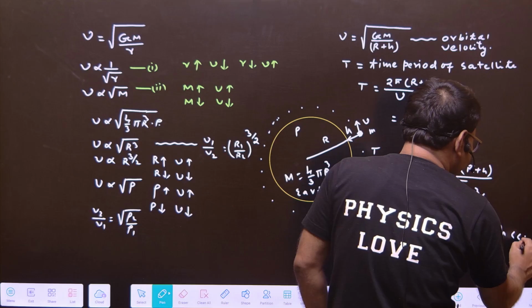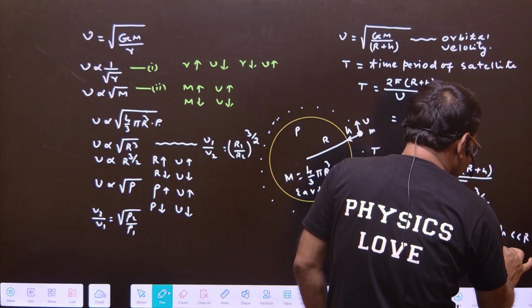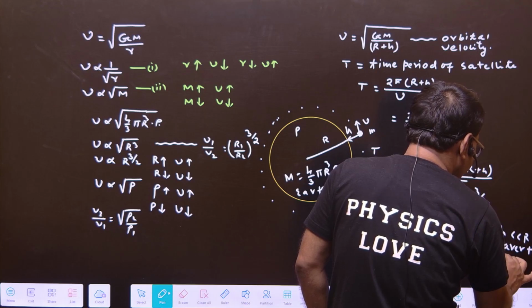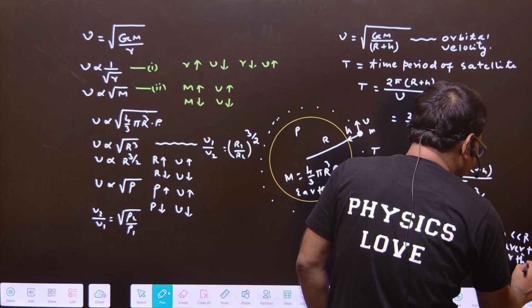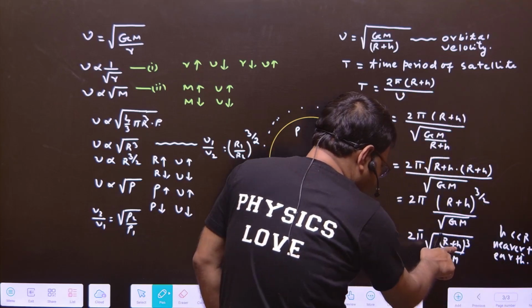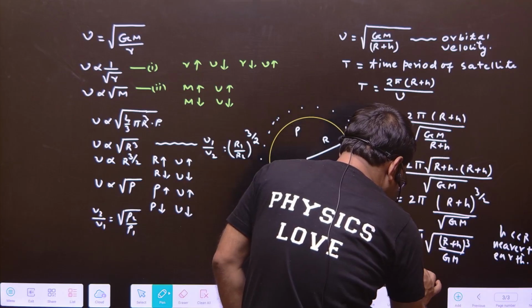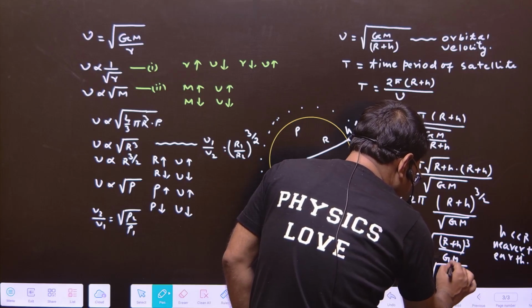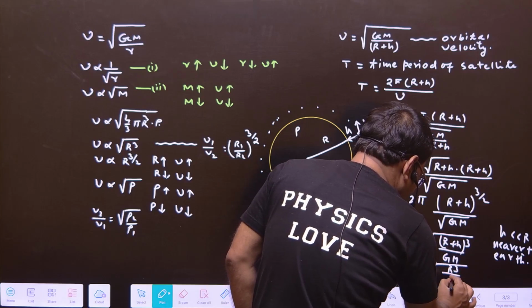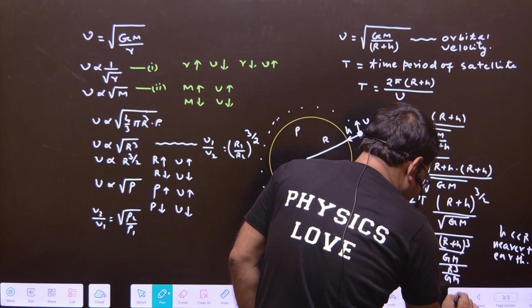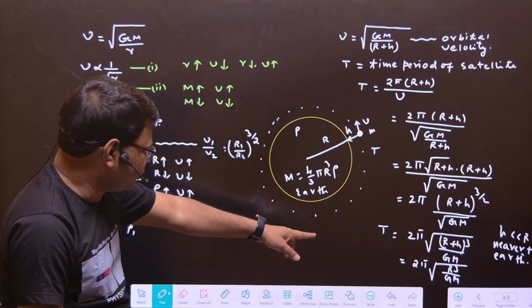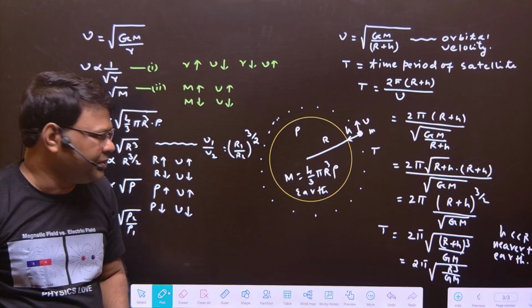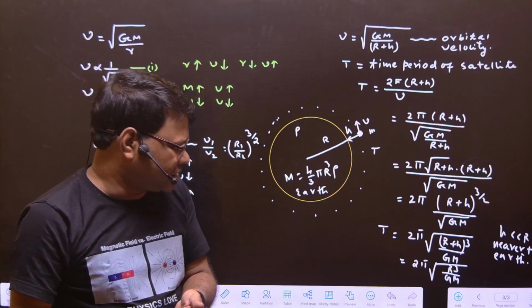Then h can be neglected, and this equation becomes r cube divided by g into m. So T is equal to 2 pi root over of r cube by gm. Okay students, up to this please copy. I am discussing the next.